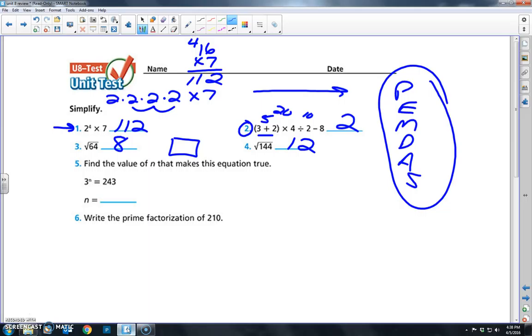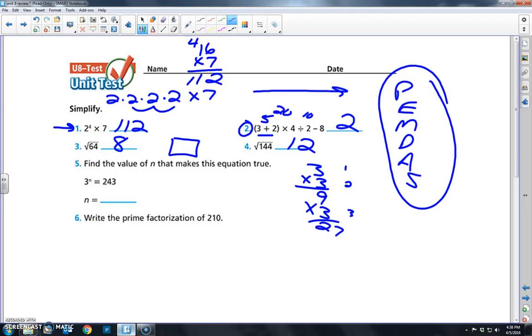Number 5. 3 to the nth power equals 243. That does not mean 243 divided by 3. It is how many times you multiply 3 by itself to equal 243. So I would do this. 3 times 3 is 9. So there's 1, 2 3s. 9 times 3 is 27.